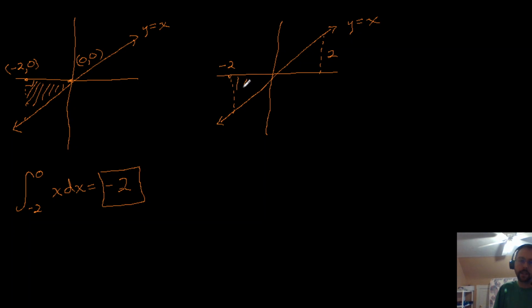If you're finding the area of both of these together using integration, you'll find that the solution is actually 0. So the integral from -2 to 2 of x dx equals 0. The reason is because this is a -2 and this is a +2. You add them together, you get 0.